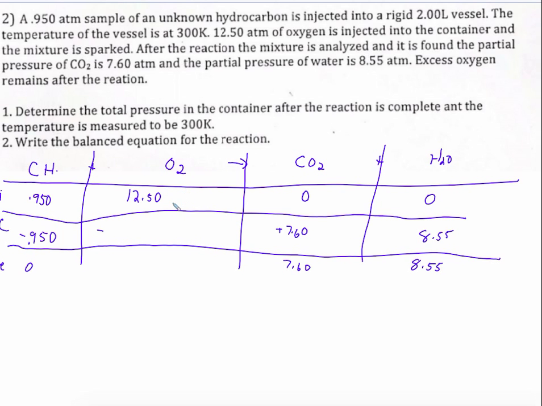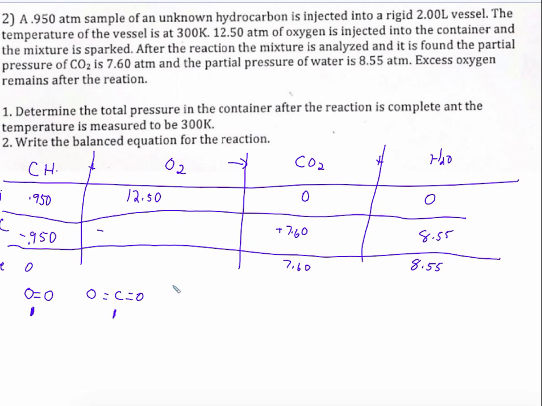Okay, now there is excess oxygen that remains. So now what we got to do is figure out how much oxygen was actually used. So we can just do a little math here. So for O2, when O2 forms CO2, you can think of it this way. For every 1 atmosphere of O2, see how there's 2 O's there? You would be able to make 1 atmosphere of CO2.